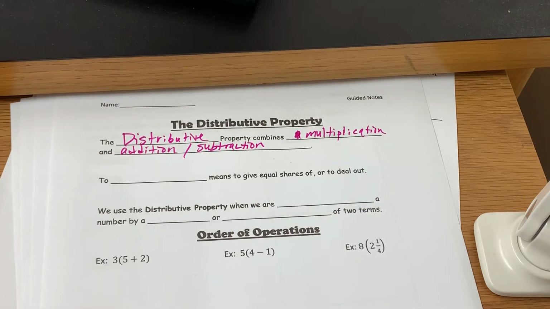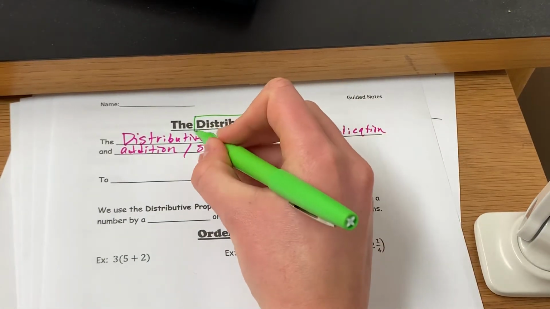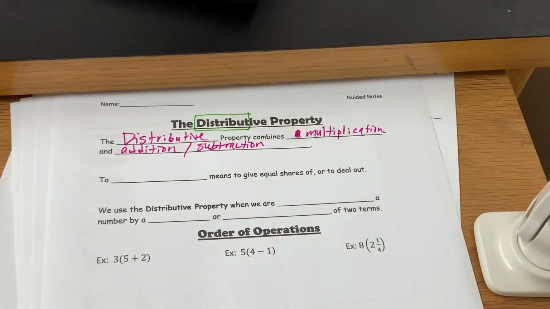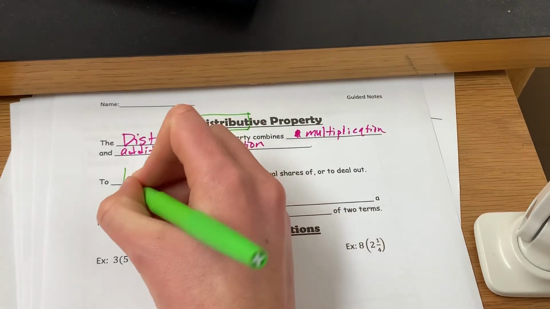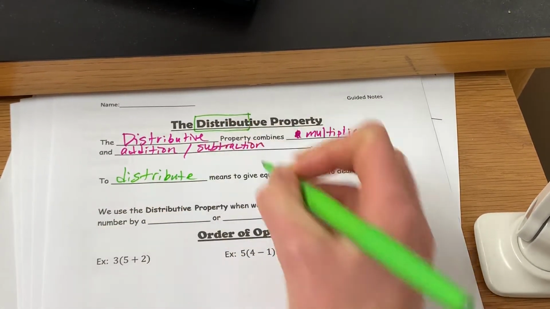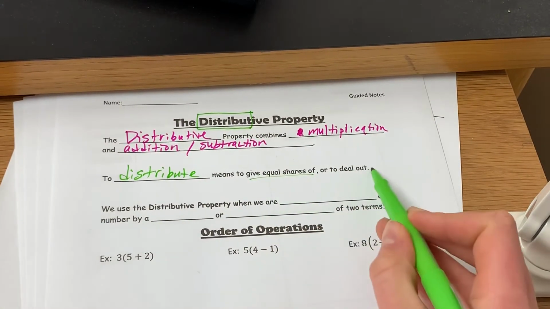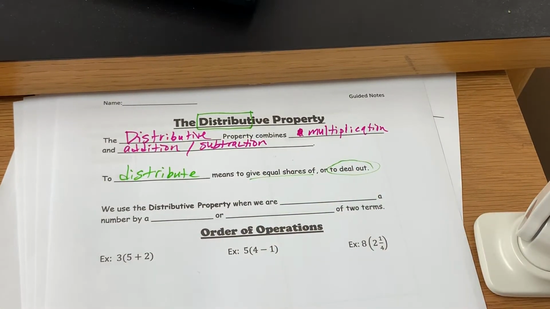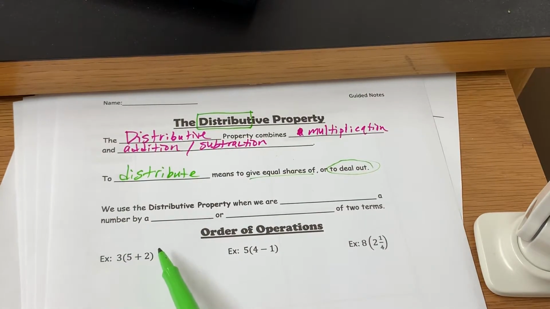And the way I always remembered it growing up was the stem or the root of the word distributive is distribute. And what does it mean to distribute? To distribute means you are giving equal shares of, or I like to think about it as dealing out. So I think about like dealing cards. What you're going to do is you're going to distribute the number on the outside into both pieces.